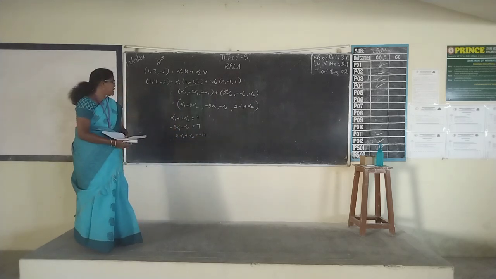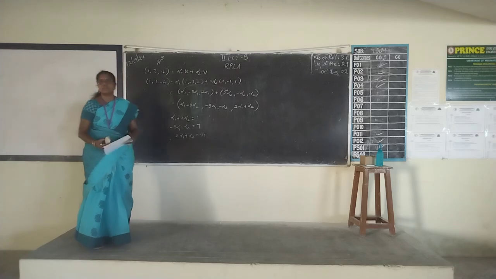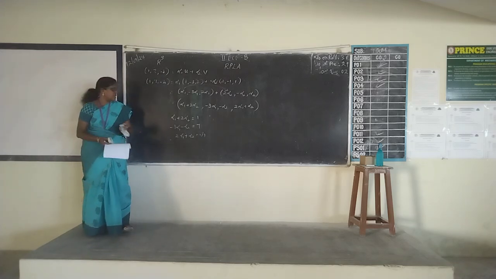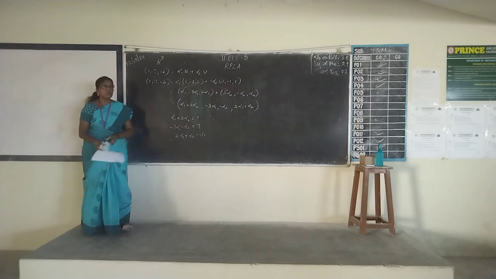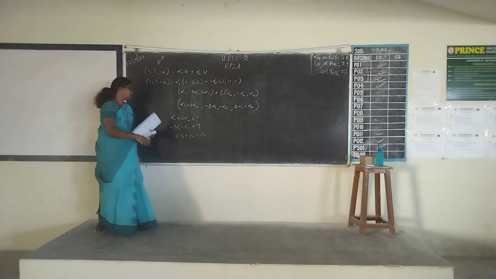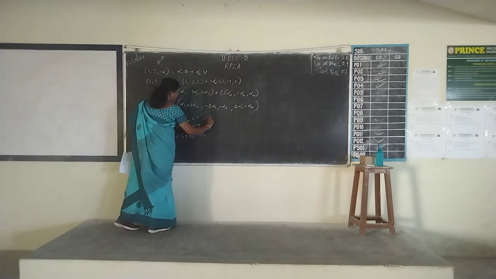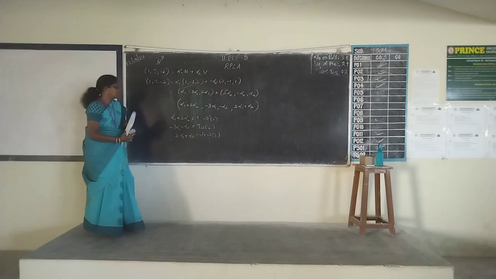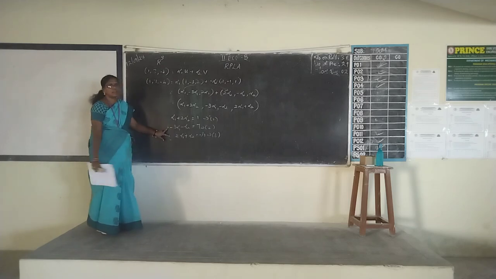You can solve it and find alpha 1 and alpha 2. Tell me what alpha 1 and alpha 2 are. How can you solve? Which two equations can you consider? Equations 2 and 3 will be easy.